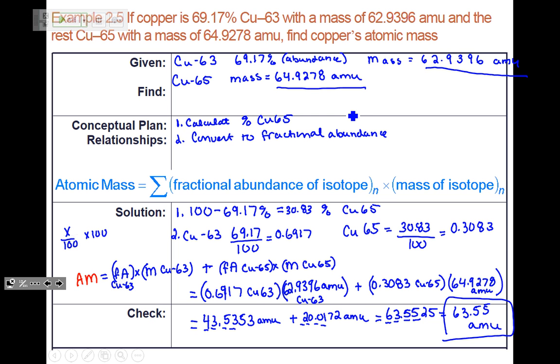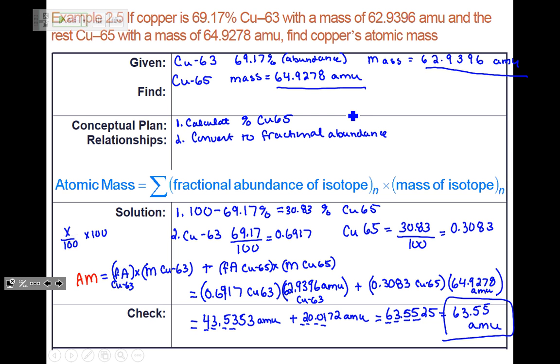Because we know we have more of a percent of copper 63 based on what we were given. So you can always check that. If your number comes out to 68, well, that doesn't make sense. You did something wrong somewhere, because your average should be somewhere between 63 and 65, closer to 63 because we have more of it. So that's how you can check this to make sure you're doing it right.